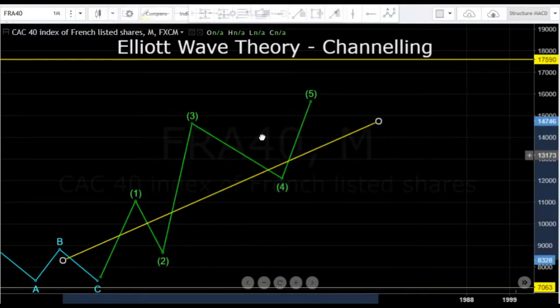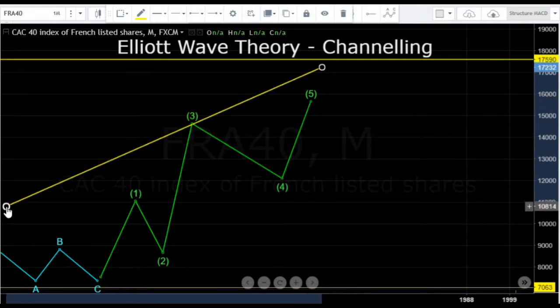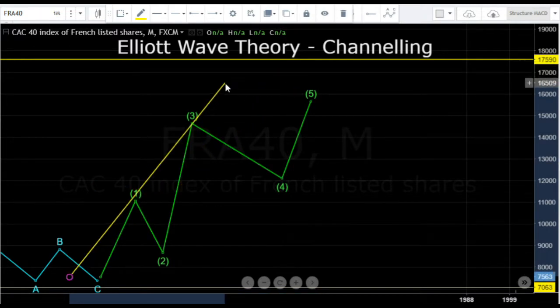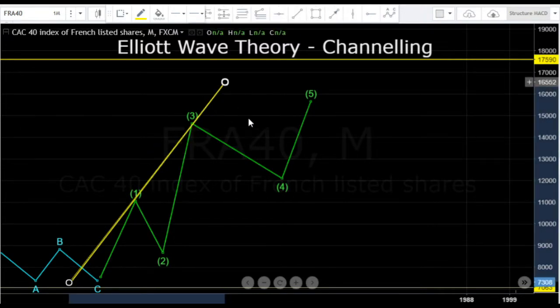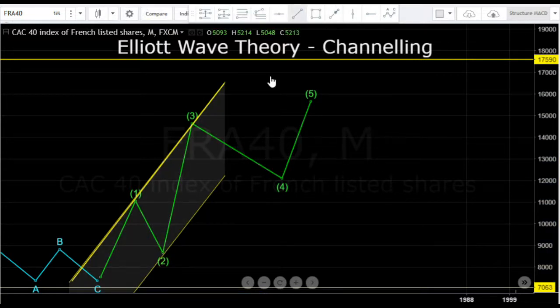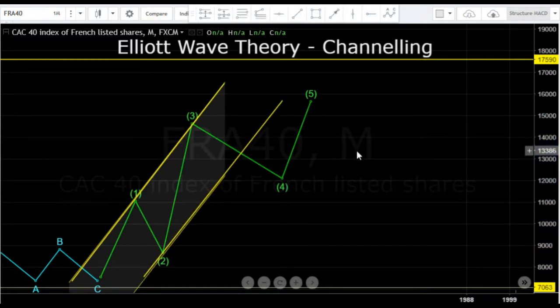Now in this situation, we reuse this one. If we join 1 to 3, and then again bring our channel tool in, we're looking at a very sharp channel, which may or may not be correct.